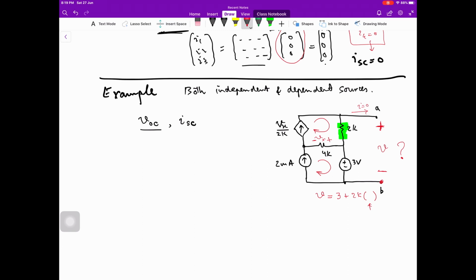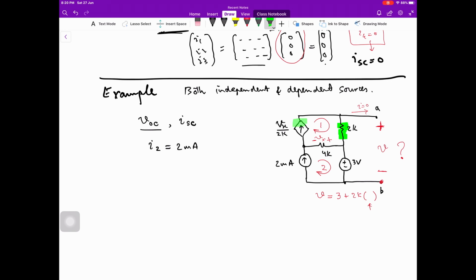If this is mesh 1 and this is mesh 2, I2 is the current flowing through mesh 2, and as this independent current source is part of mesh 2 only, therefore I2 is equal to 2 milliampere. Yes. Now look at mesh 1.